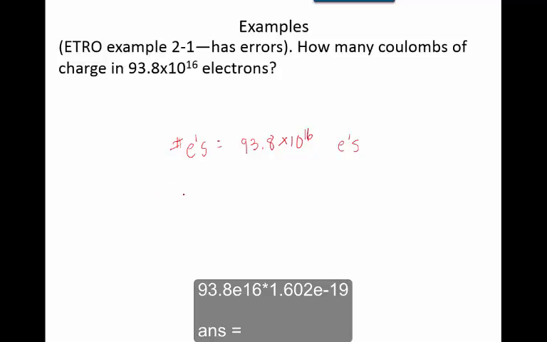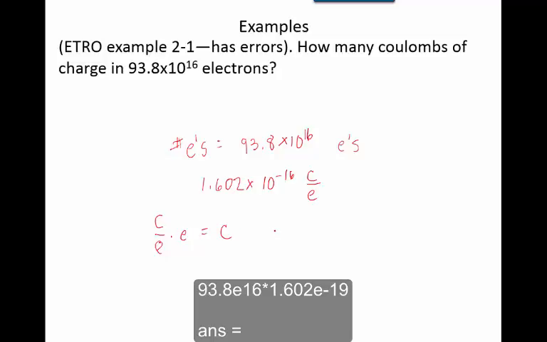I know relationships. When you're doing problems, you write down the relationships. We know that there's 1.602 times 10 to the minus 19th coulombs in 1 electron. That's how much charge there is in 1 electron. So I have electrons, and I have coulombs per electron. Even if I just look at the units, coulombs per electron times electrons would give me an answer in coulombs.